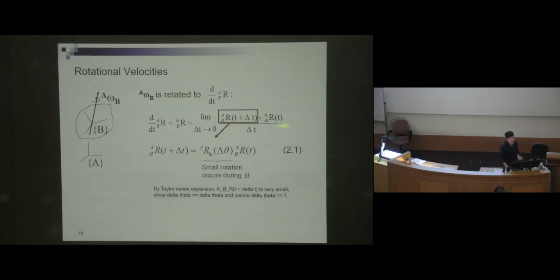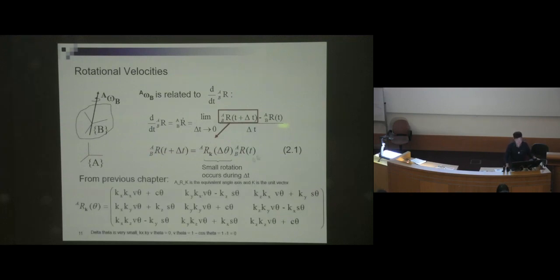When the angle of rotation is very small, you do a Taylor series expansion. Your sine delta theta will be equal to delta theta, and your cosine delta theta will be equal to 1. Putting everything together, we have this ARk theta. The ARk over here is the equivalent angle axis, and k is a unit vector.